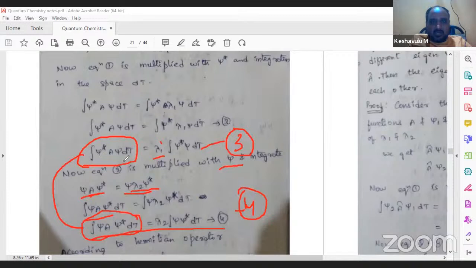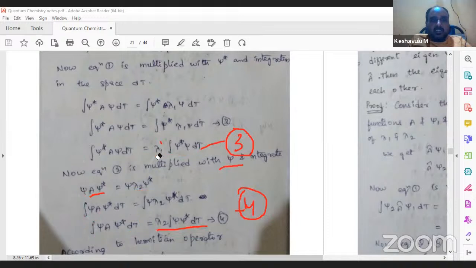If we say the operator is a Hermitian operator, then these two are equal. Therefore, simply we are going to equate these two, right? See, lambda 1 into integral of psi star into psi into d tau is equal to lambda 2 into integral of psi into psi star into d tau. So that is the equation we are going to see on the right hand side, right? So just I will show that equation.